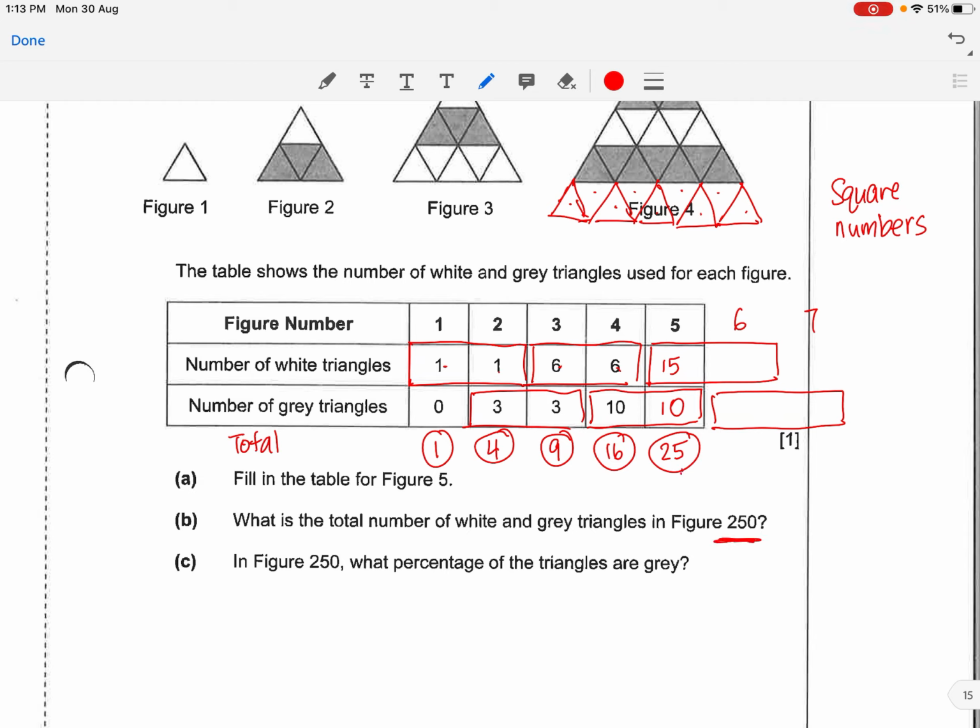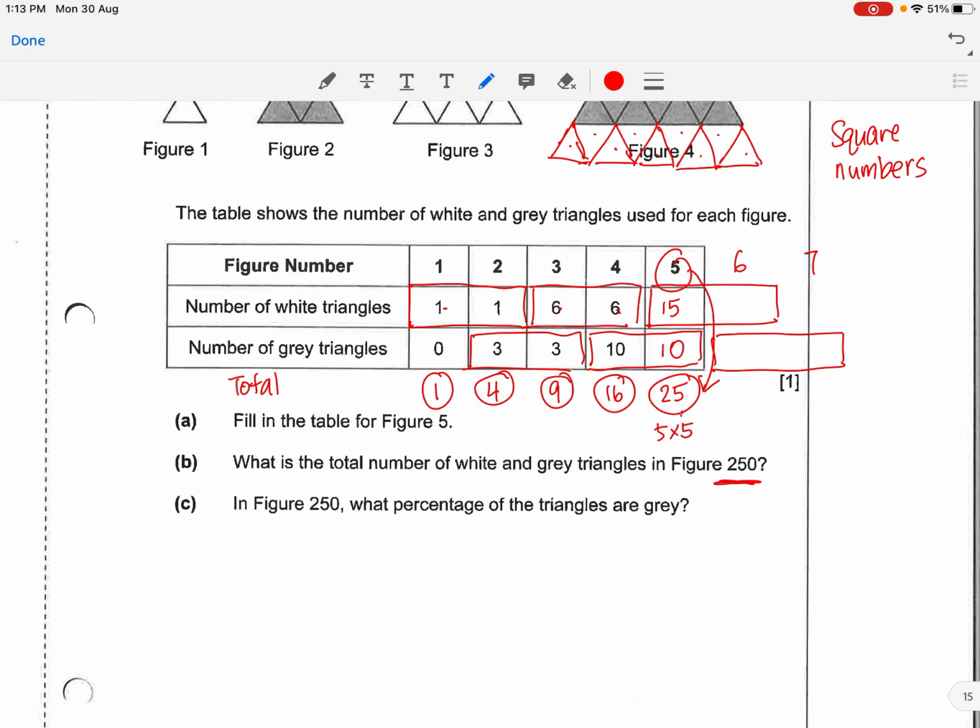In order to get 25, it is figure number times figure number, 5 times 5 over here. So it will be 250 times 250. On the calculator, you get 62,500. So that will be for part B.